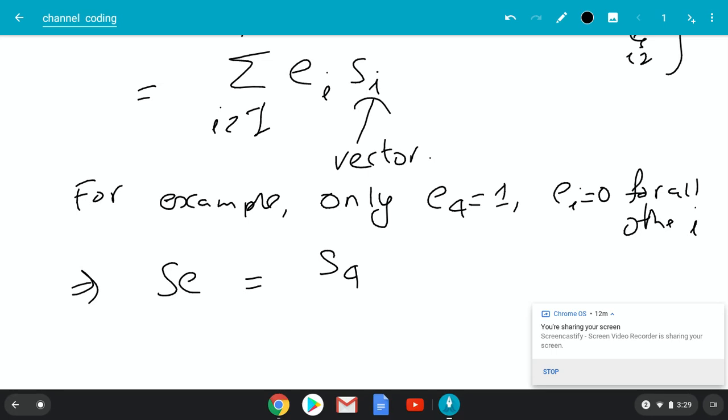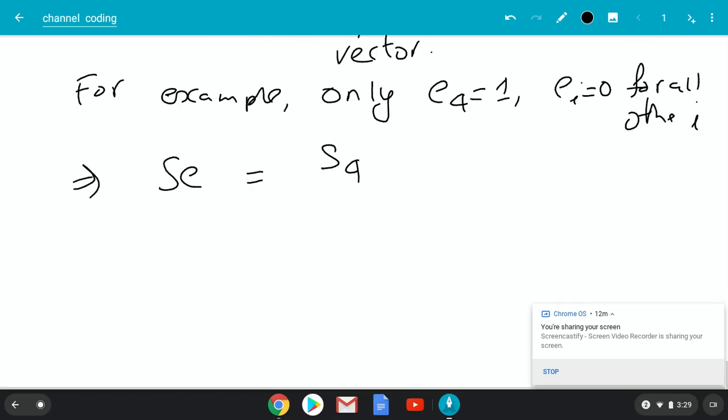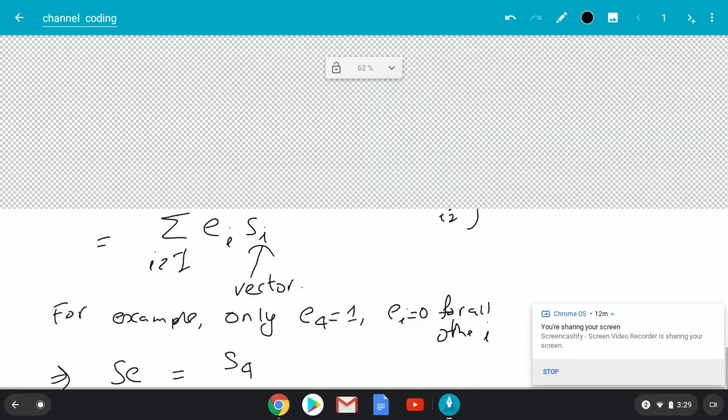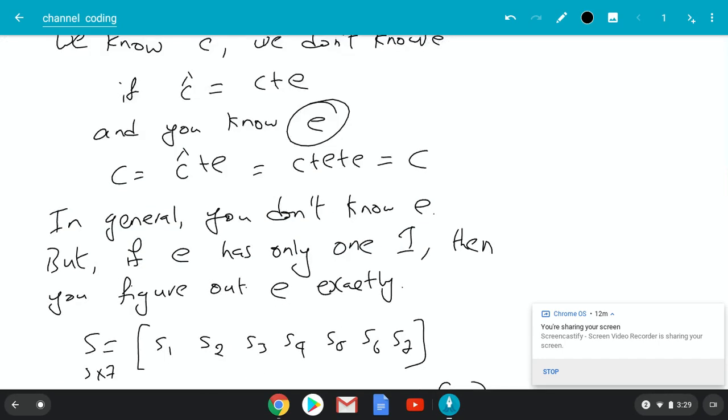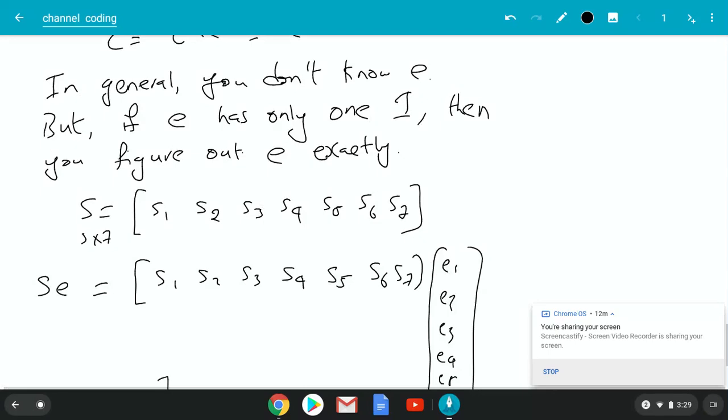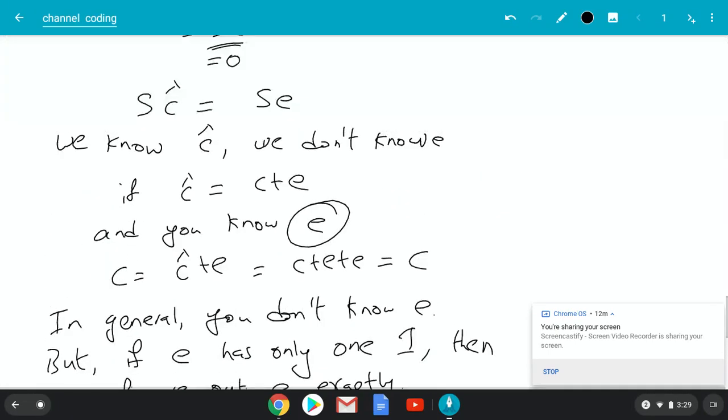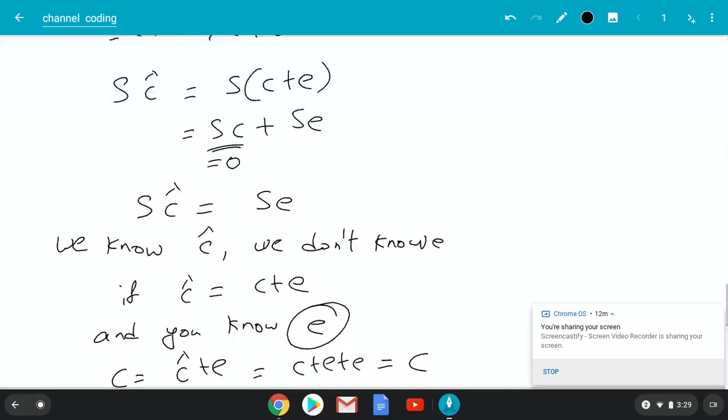So what does this say? We know that S times C should be equal to S times C hat, okay, because we saw S times C should be 0. So we know this, and we have C hat.